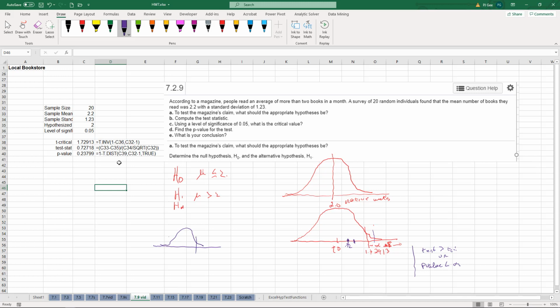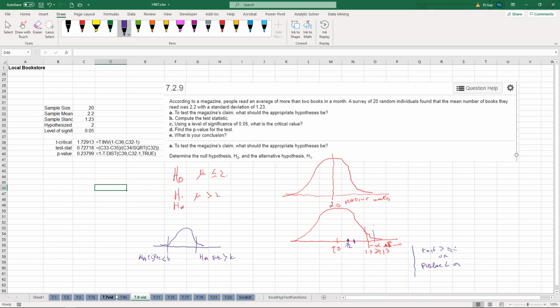This would be where your H naught says that the spec you're looking at is greater than a constant. And make that HA: your alternate, HA or H1, is that your spec is less than a certain constant. So we know from 7.7 how to do those two types of problems.